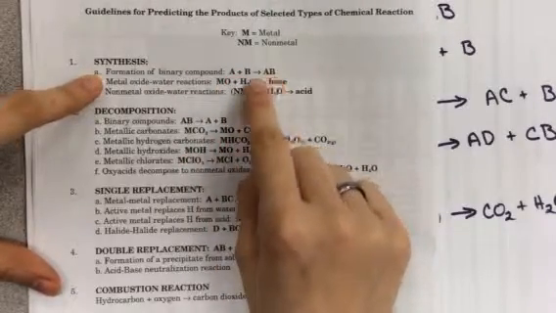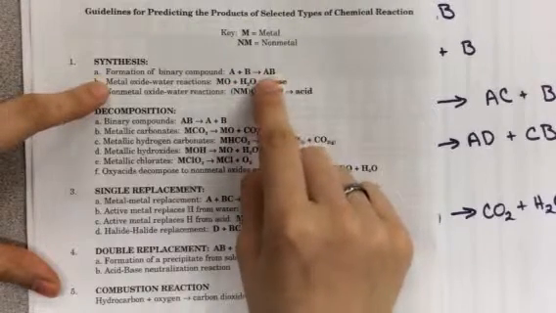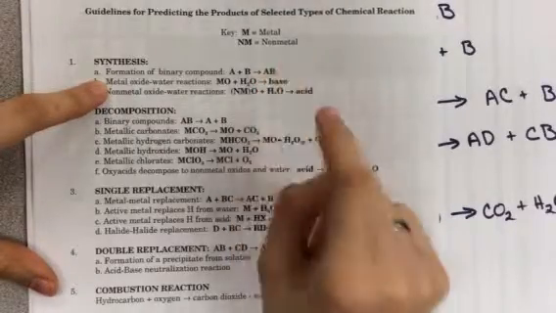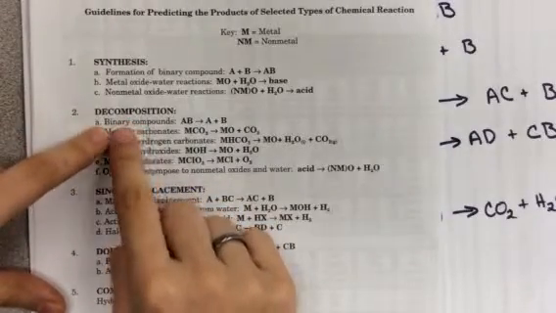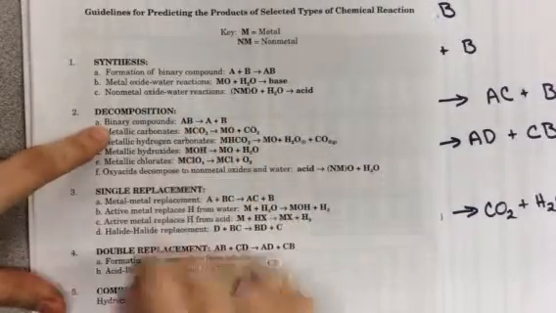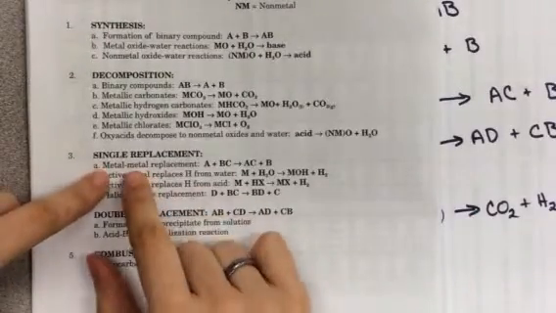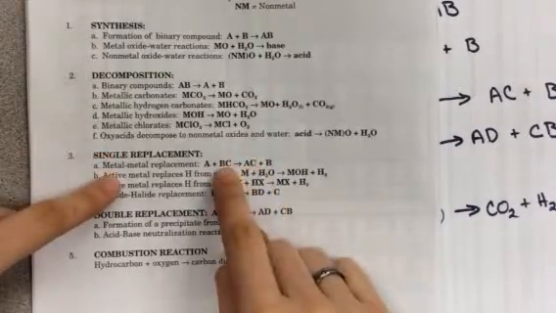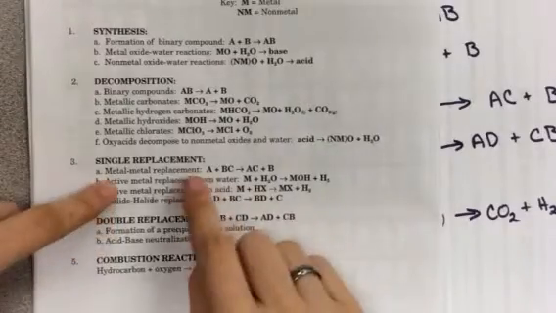Now keep in mind, if this is an ionic compound, you also have to figure out what the subscripts are in case they have different valence numbers or different oxidation states. With decomposition, the major one that we're going to look at is the first one, binary compounds splitting into single compounds. Single replacement, typically we have metal-metal replacements or halide-halide replacements, which we're going to look at both of those.